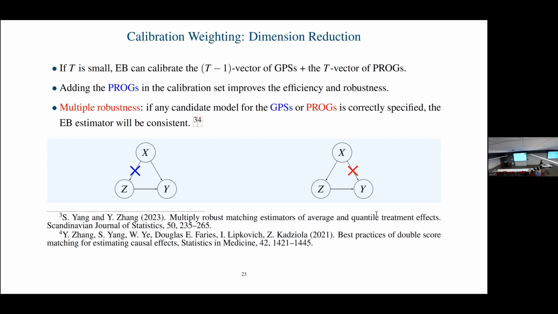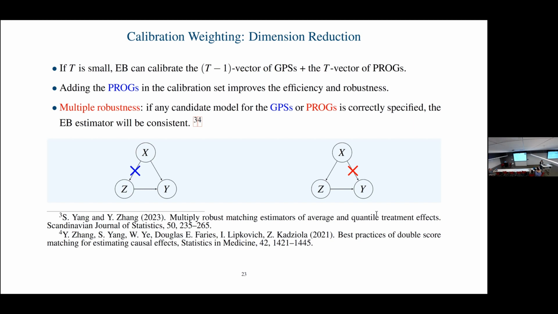And then the idea is, why not combine the generalized propensity score and the prognosis score in the calibration set? If T is small, we can combine them; T minus 1 plus T is still not large. So we can calibrate both the generalized propensity score and the prognosis score. What we find is that adding the prognosis score in the calibration set can improve the efficiency and the robustness. Because in practice, you don't know the generalized propensity score or prognosis score, so you need to come up with a model for that.